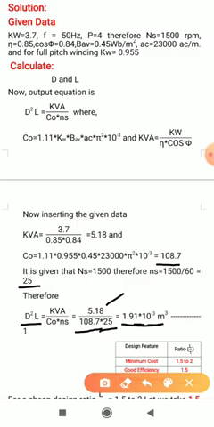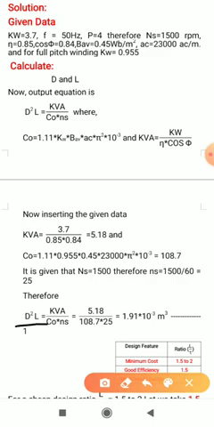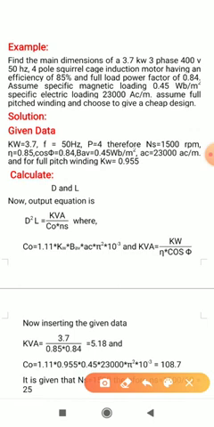Now friends, up to this the example is same as the previous example, but now the next step is we need to separate this d and L from this product d square L. And while separating and calculating this d and L, we need to consider that d and L must give a cheap design.